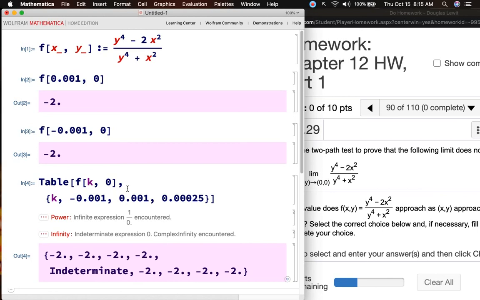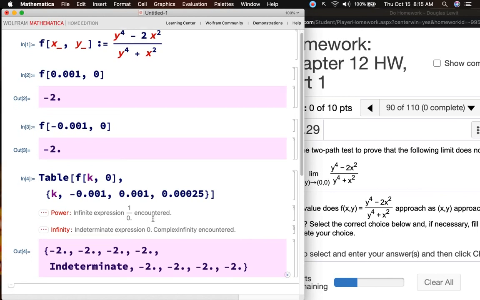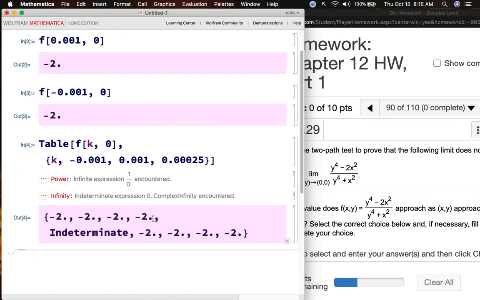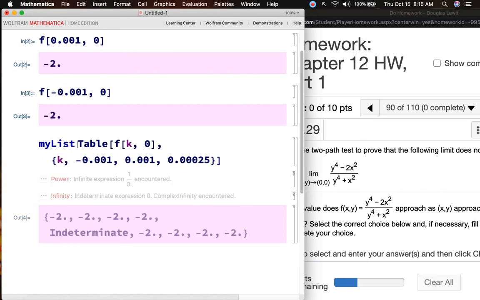Of course, we can't have 0 in there, and that's perfectly okay. And let me store this in a list, my list.